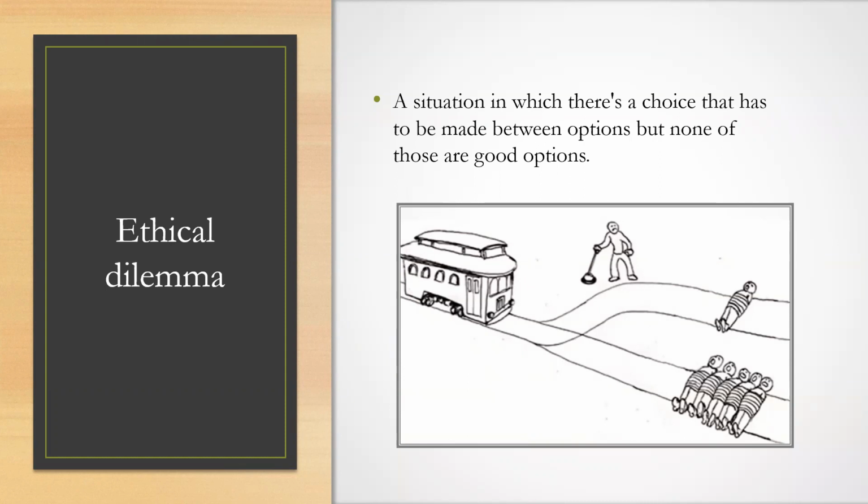For example, if we take two principles, the first one is autonomy. Autonomy means that the individual has the right to make their own decision, and we have to respect that, right?